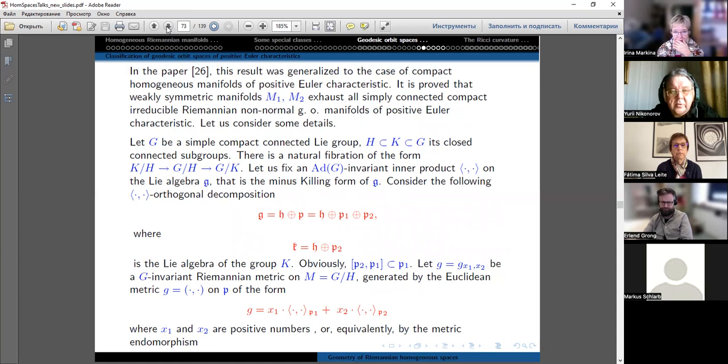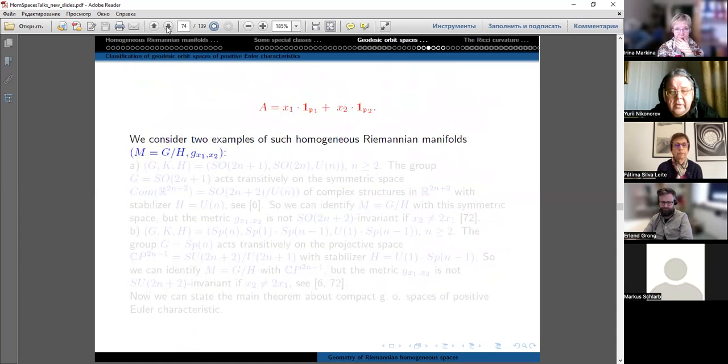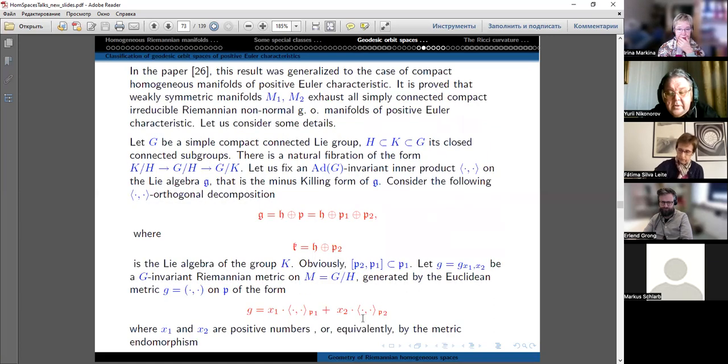It's not so difficult. This is a structure of general geodesic orbit metrics on any of these spaces which we discussed earlier. Therefore, we have two-parameter metrics.